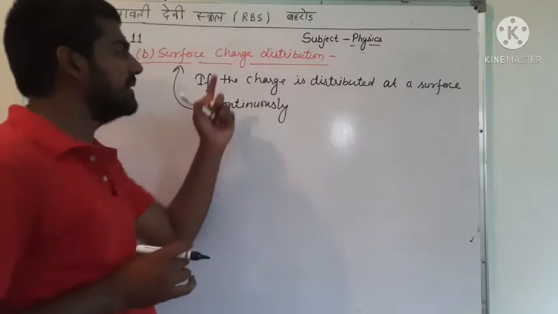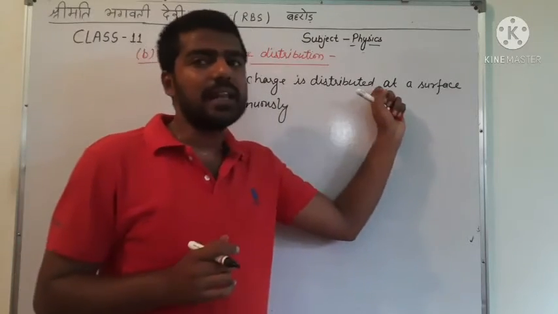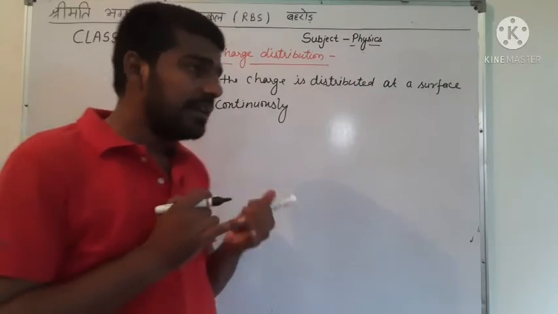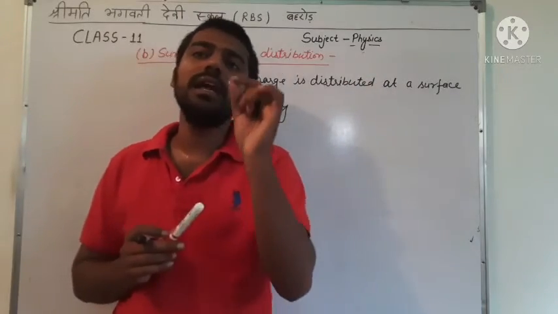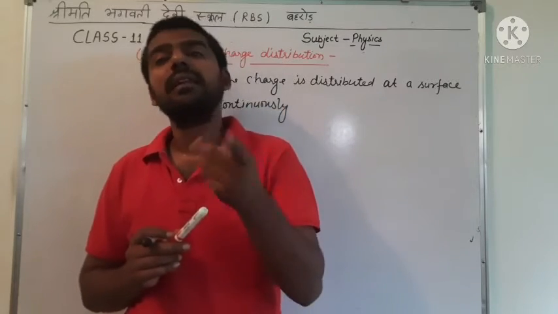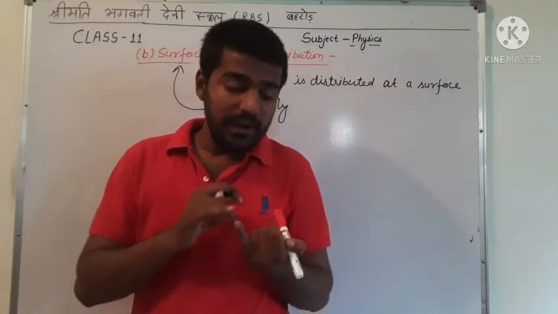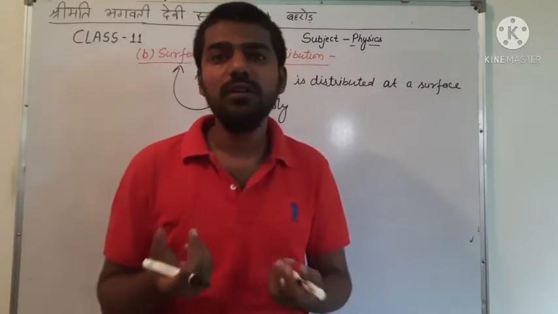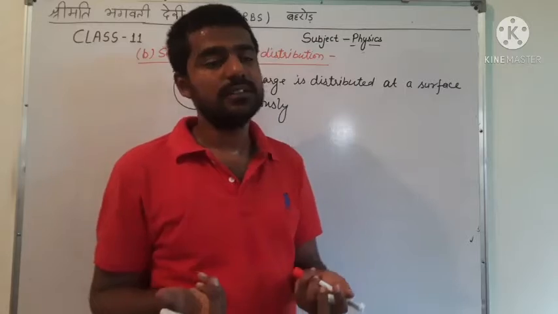If the charge is distributed at a line, then it is called linear charge distribution. And if the charge is distributed in a volume, then it is called volume charge distribution.